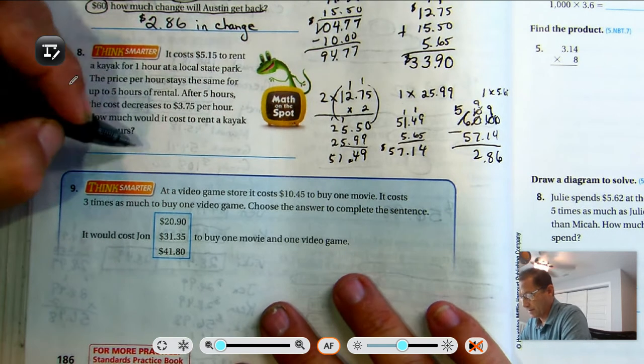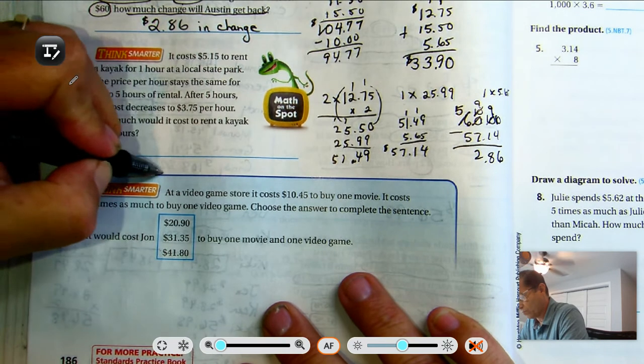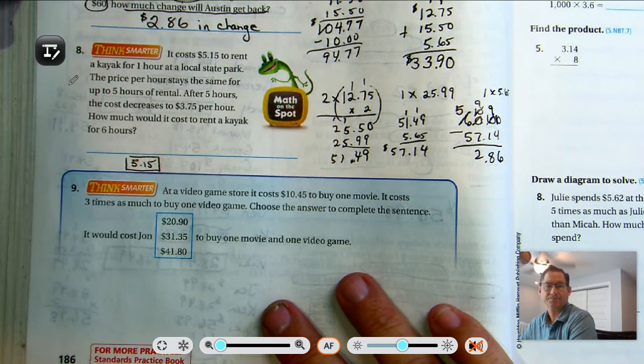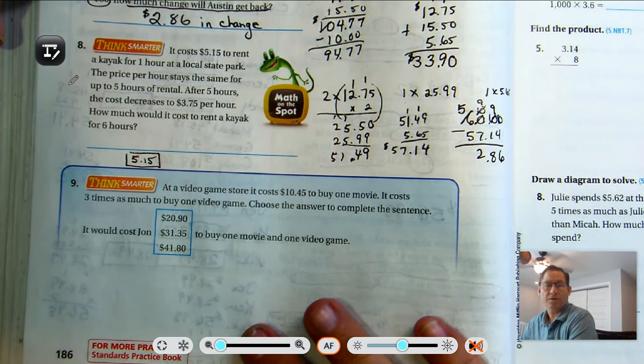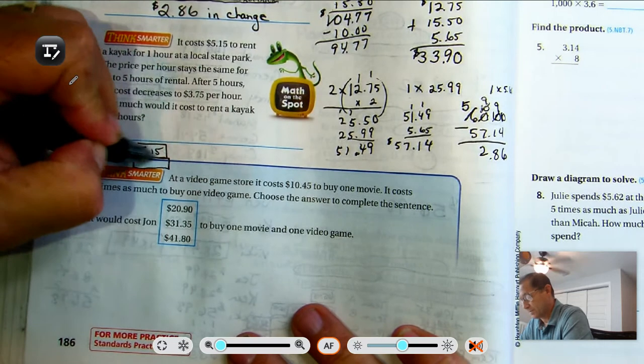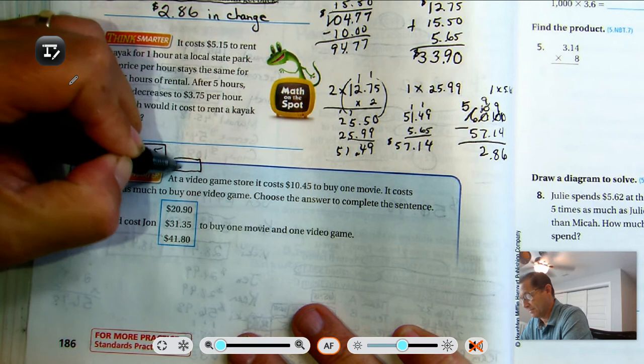All right. So 1 hour would be $5.15. So what would the cost be for 5 hours? Well, that would be $5.15 times 5.